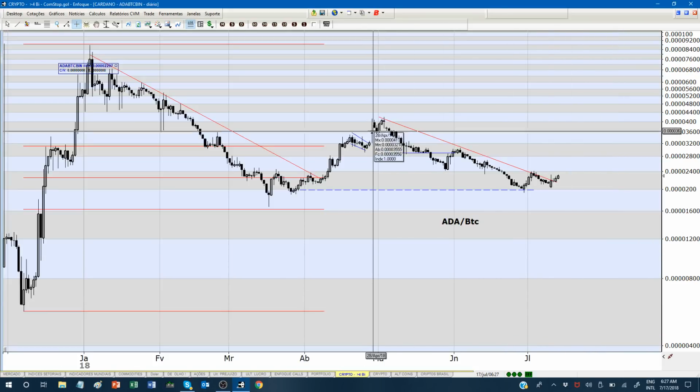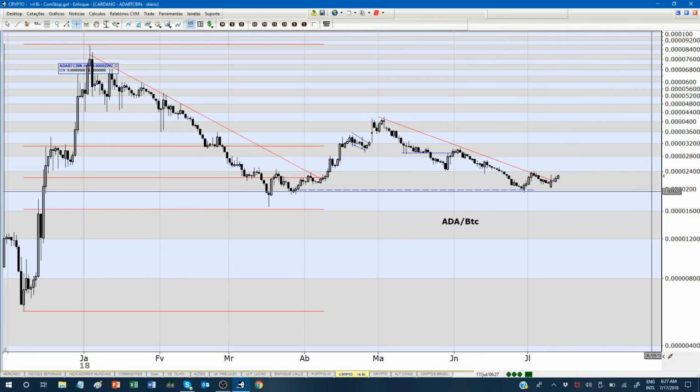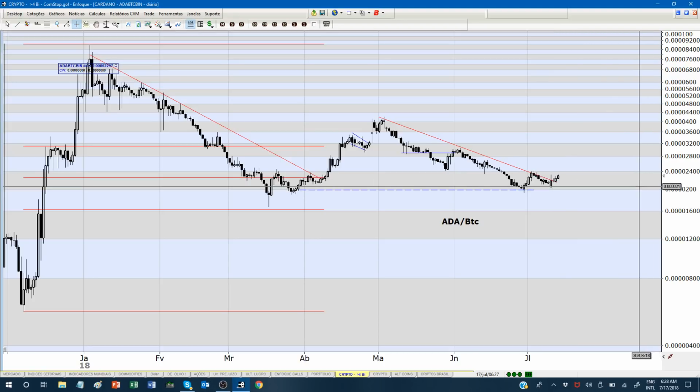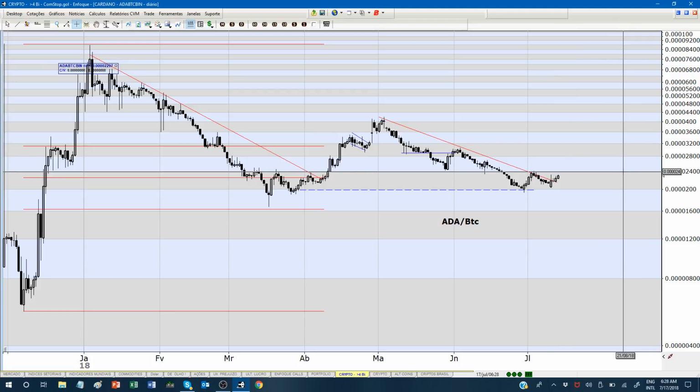Cardano also broke a resistance line, so we're keeping an eye on that. If it breaks the 2,400 satoshis level, this level here, a very important resistance level, then we're probably recommending a purchase on Cardano.